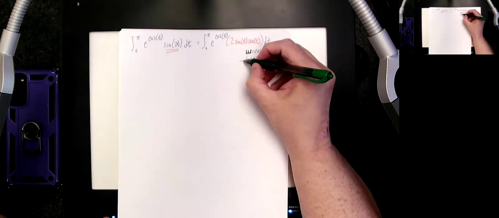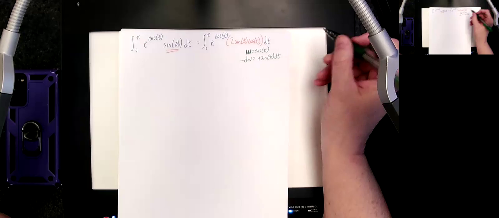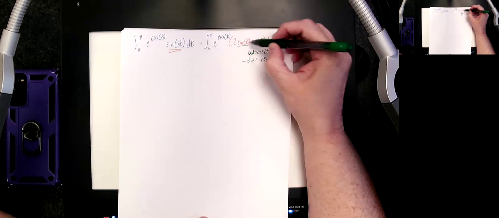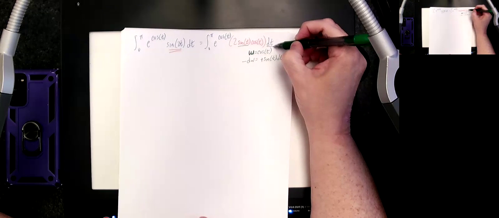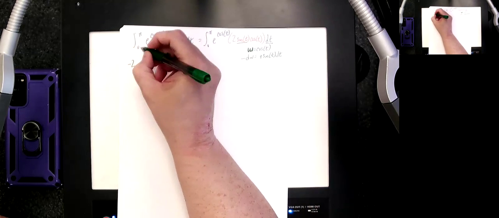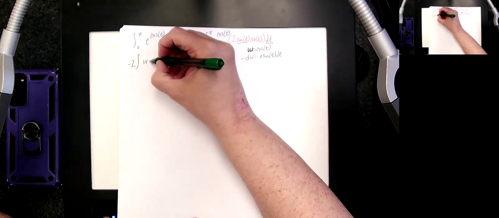Or we make the dW negative and that positive. And that will eat up the sine t and the cos dt. I still got a 2 that goes out front. I'm going to put the -2 out front. And now I've got W e to the W dW.